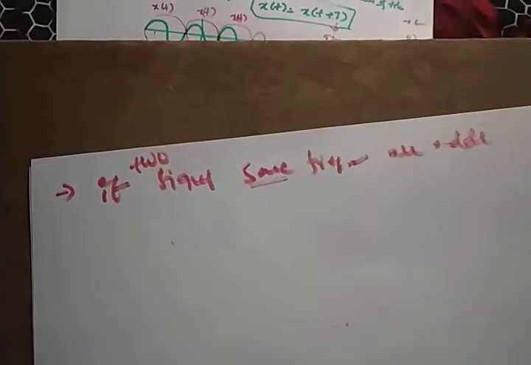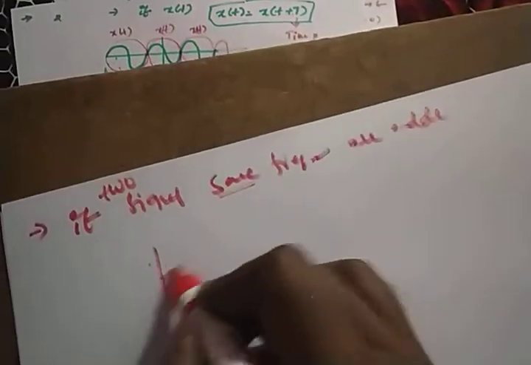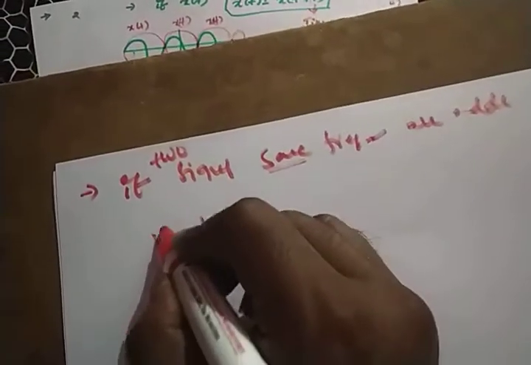If two signals which have the same frequency are added, that means each is a periodic signal, say a sinusoidal periodic signal, and another sinusoid, this is 1 megahertz, this is 1 megahertz.